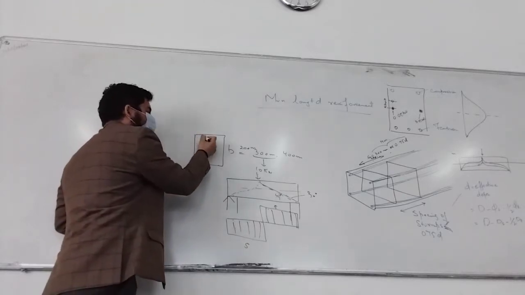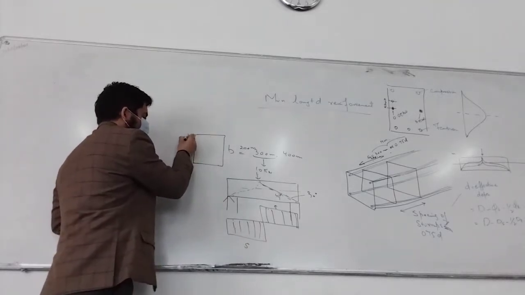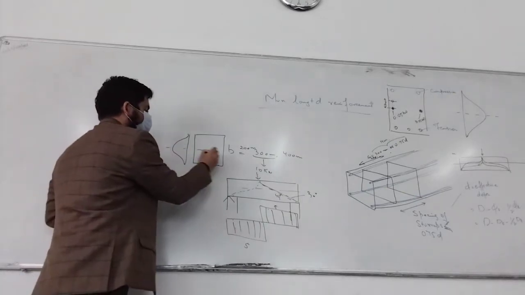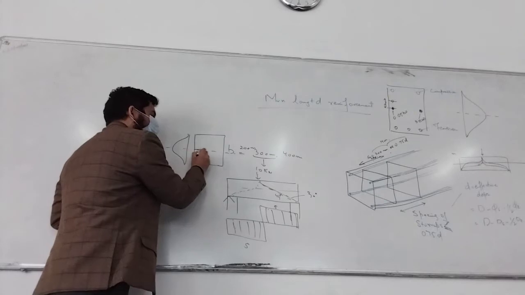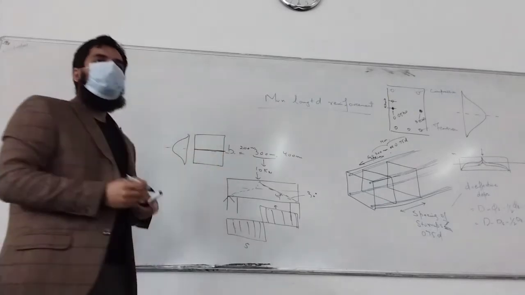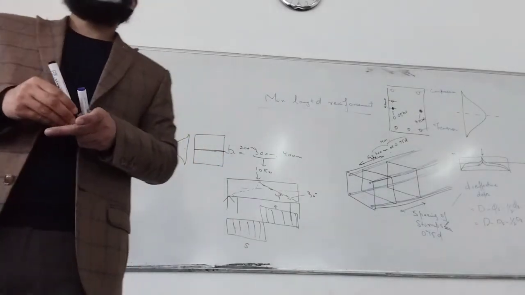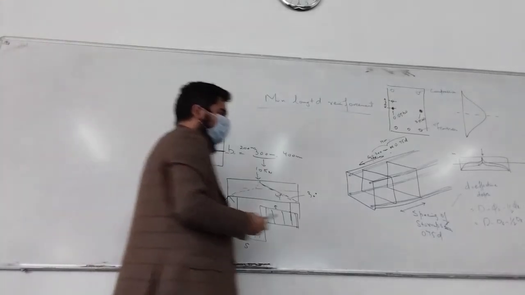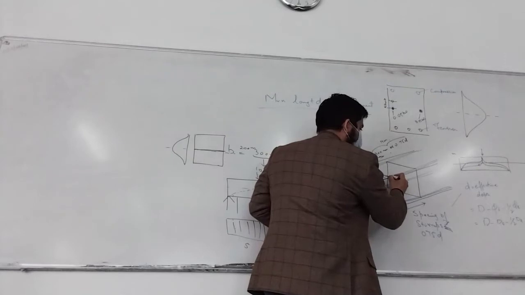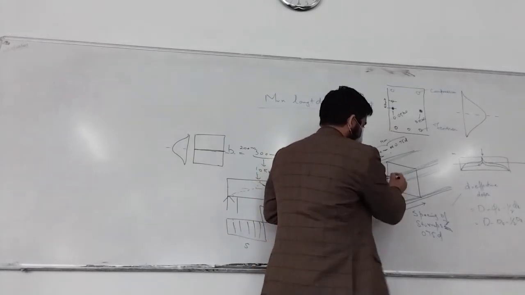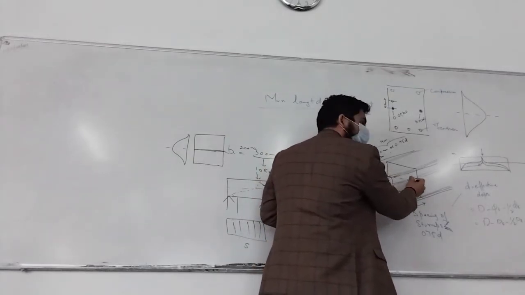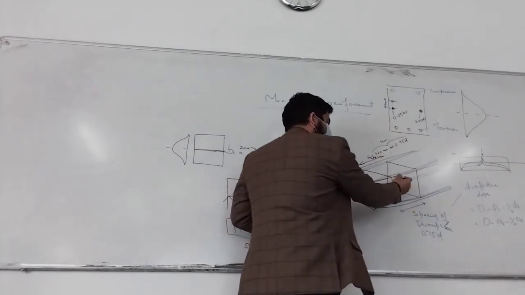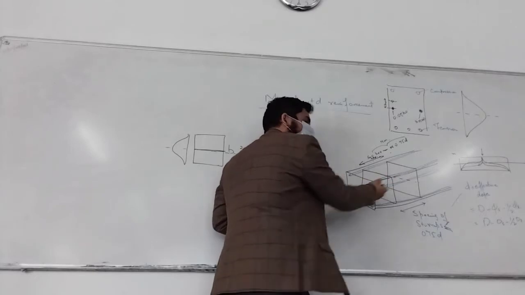If this is the shear force diagram along the depth of the section, maximum being at the center, then along the whole width of the section at the center, the shear forces are being transferred. Now that's being transferred then to the next ring.